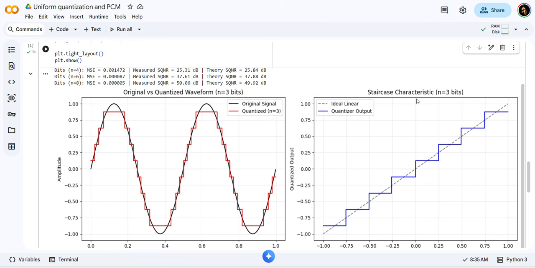The quantization output, blue solid. This visually defines our uniform quantizer: for any given input range on the x-axis, the output is clamped to a flat step on the y-axis. The width and height of each step represent our step size delta.